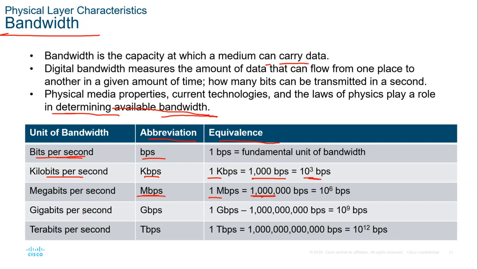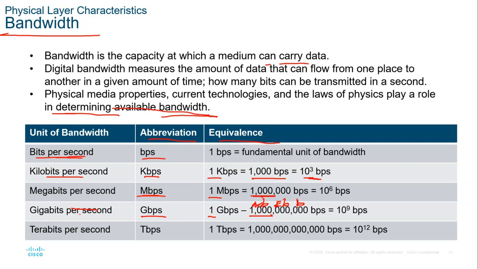Then gigabit per second, abbreviated this way: 1 gigabit is equivalent to 1,000 megabits. So these are megabits, these are kilobits, and this one here is bits per second.